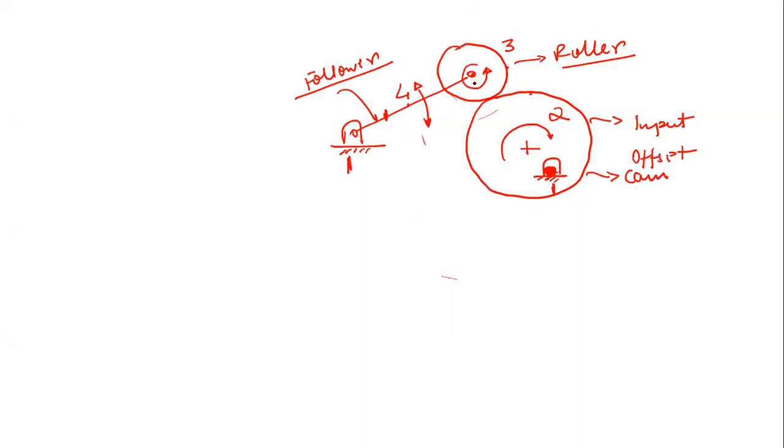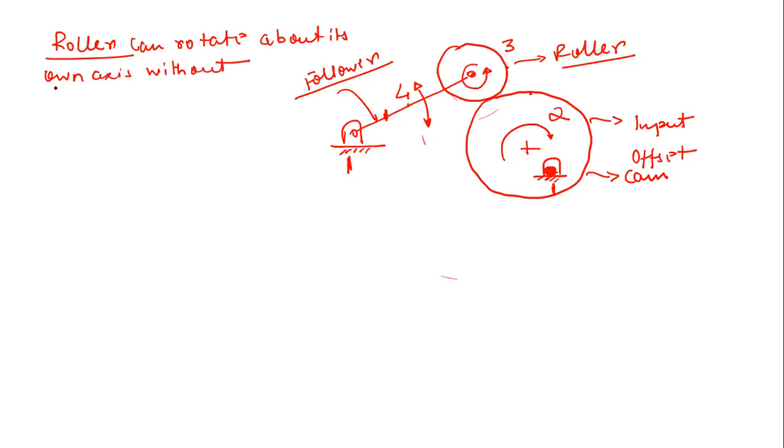Right? So here, if you carefully observe, this roller can rotate about its own axis without transferring any motion to links 2 and 4.